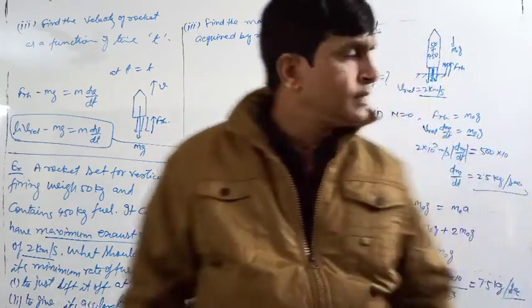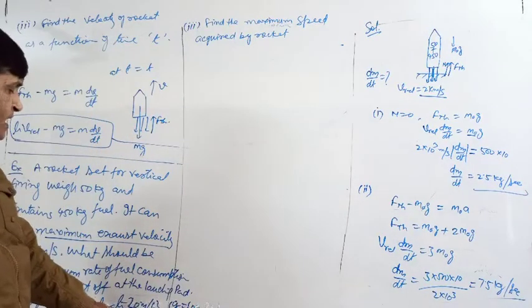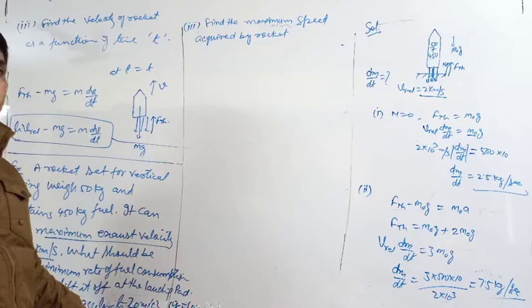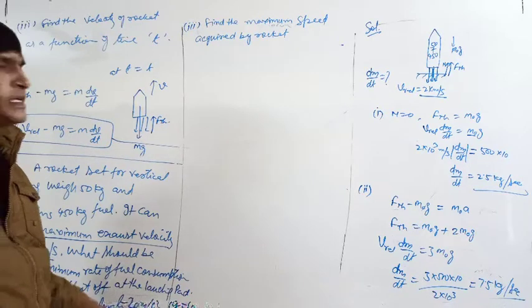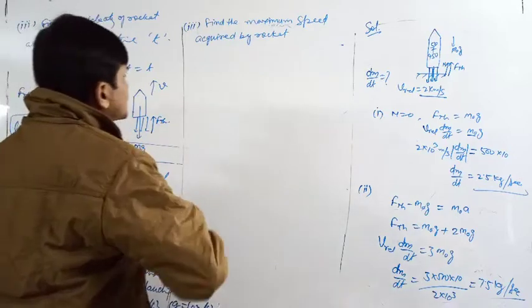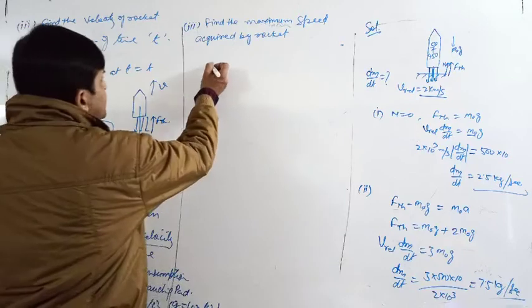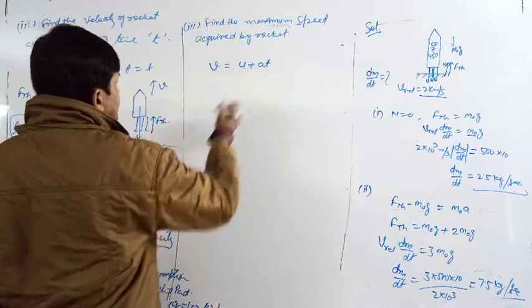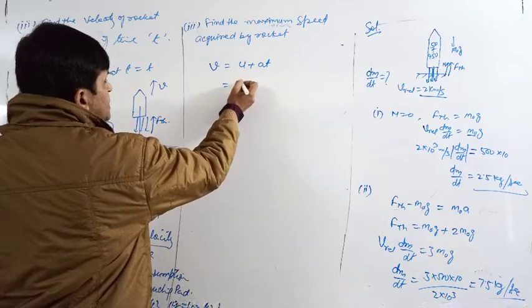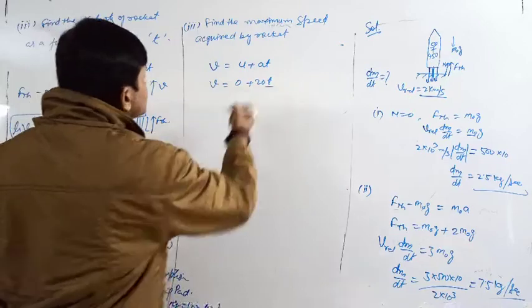Now, from the second part we already know the rocket has an acceleration of 20 meter per second square. Fine. So the acceleration of the rocket here is 20 meter per second square. So maximum speed, directly we can say V is equal to U plus at. Initial speed was 0, a is 20 and t. Which time t?